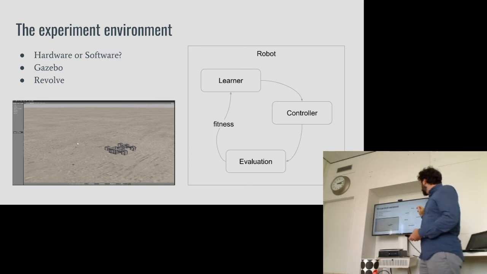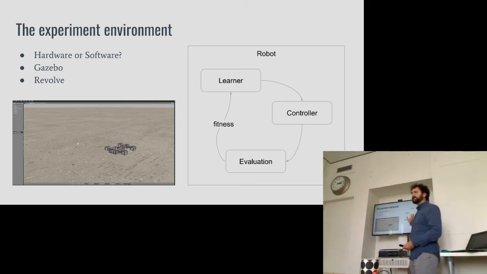The software that was written for this thesis is easily simplified with this scheme. Everything runs inside the robot: learner, controller, evaluation. The learner is a unit that generates new configurations of the controller, one at a time, and then a new configuration is applied and the controller is used.